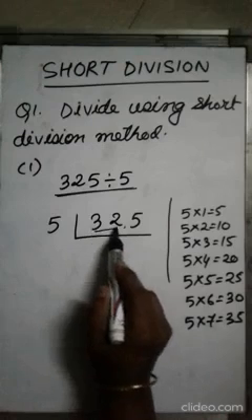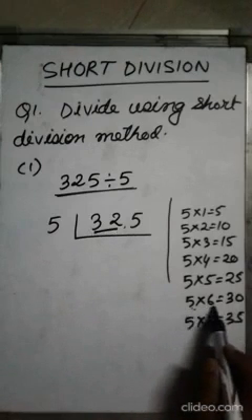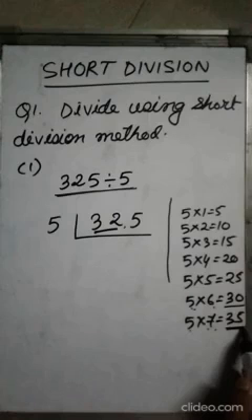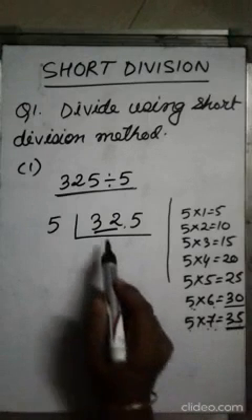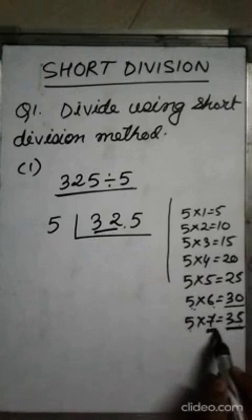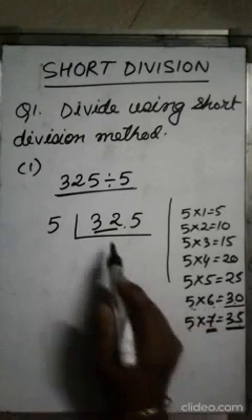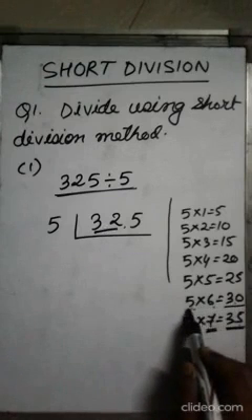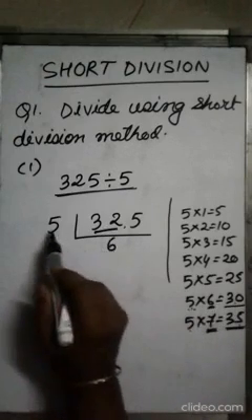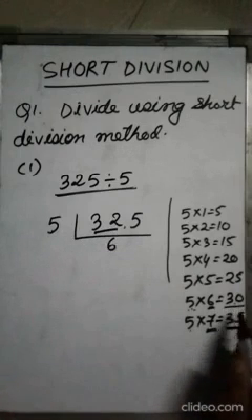So here we have 32. 5 into 6 is 30, 5 into 7 is 35. 35 is greater than 32, so we cannot write 7. 30 is less than 32, so we shall write 6 here.